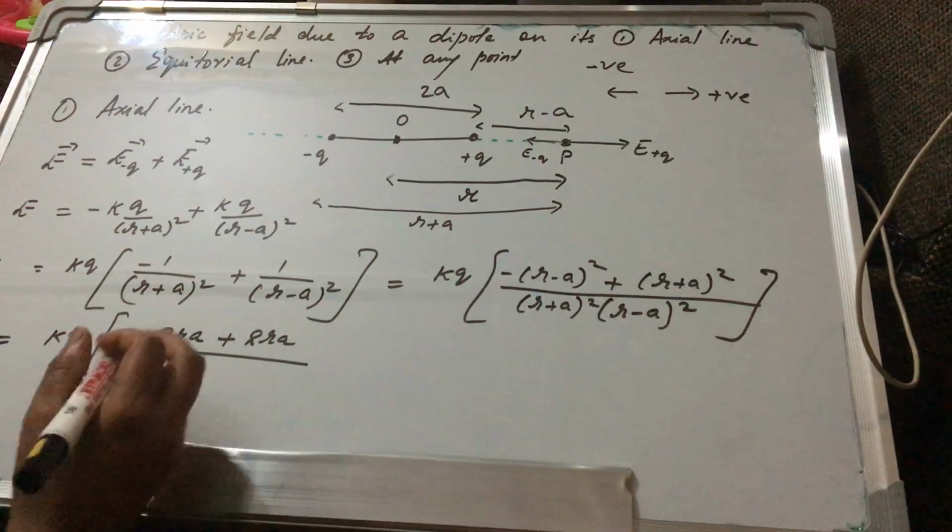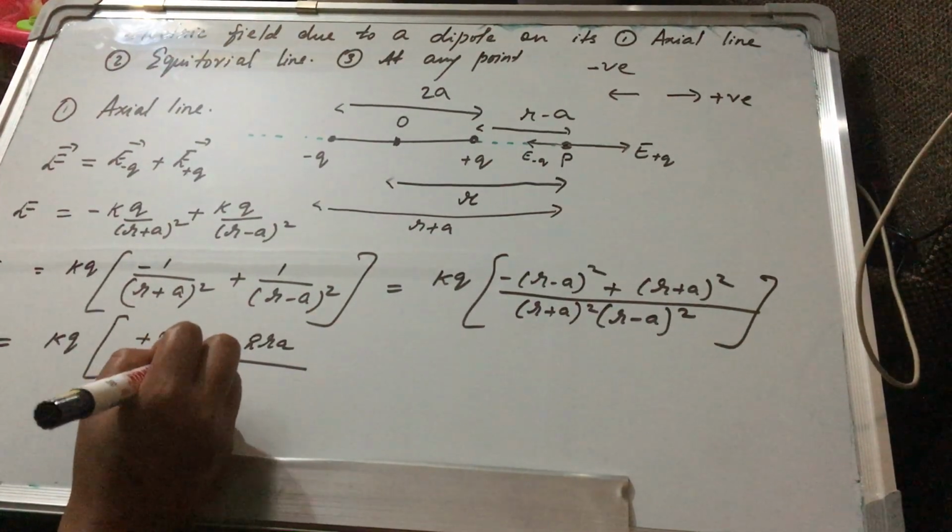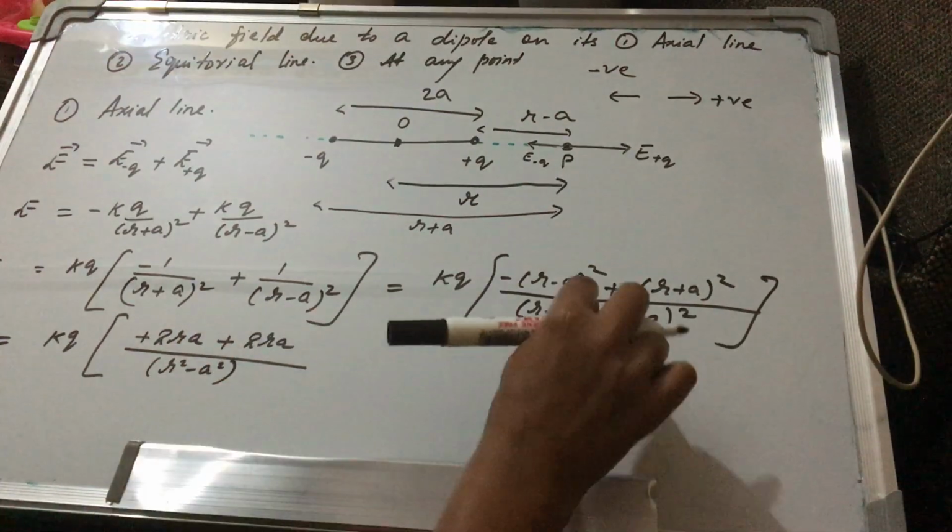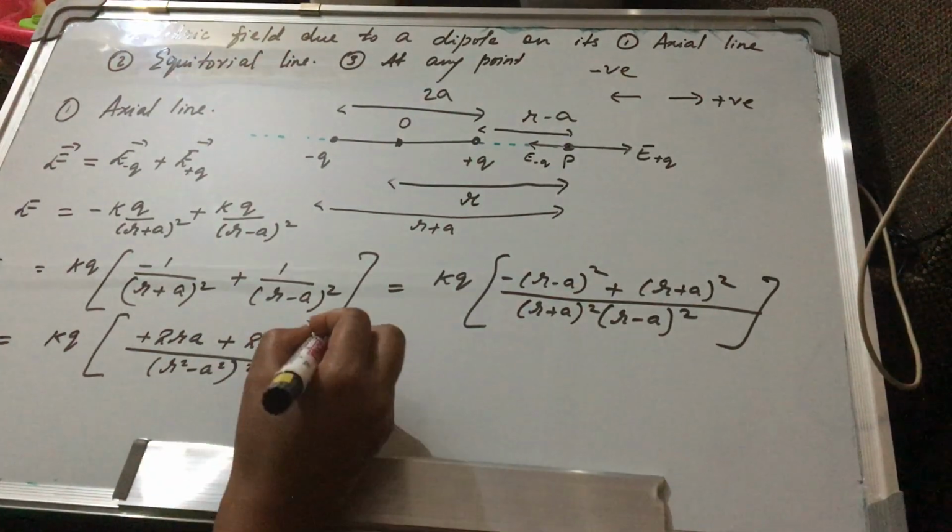Then over here, square is there. So it will be R square minus a square, and there the square is there. Right?